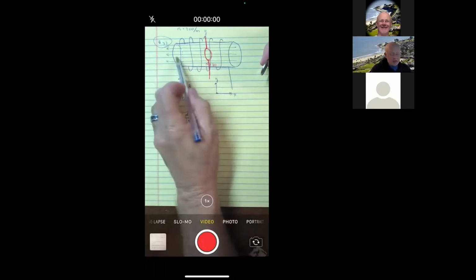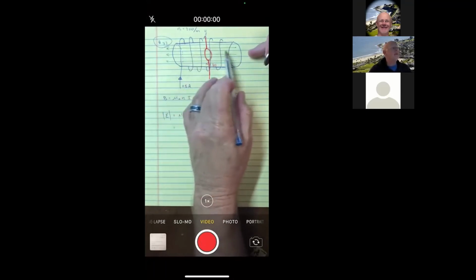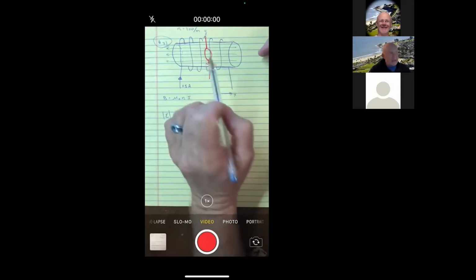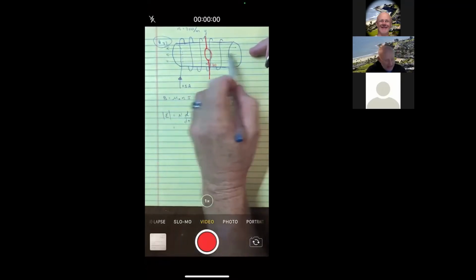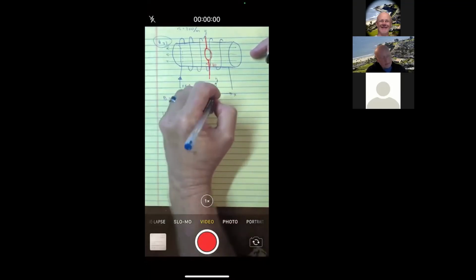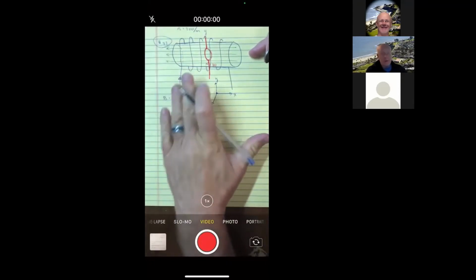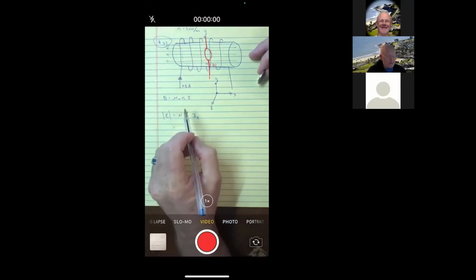They said at the beginning that they wanted the X axis to be the axis of the solenoid, and so that's the direction of the field. And so the Z axis would be coming out of the plane of the paper or screen.